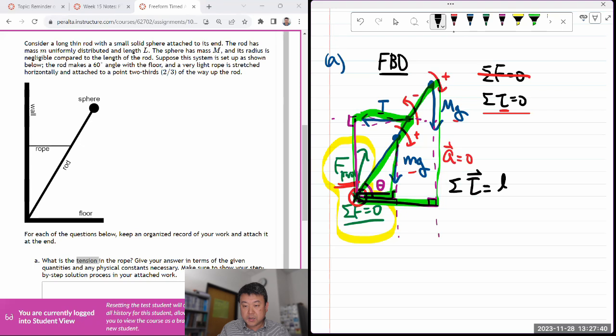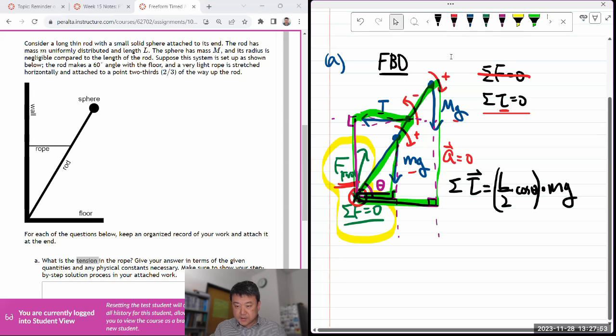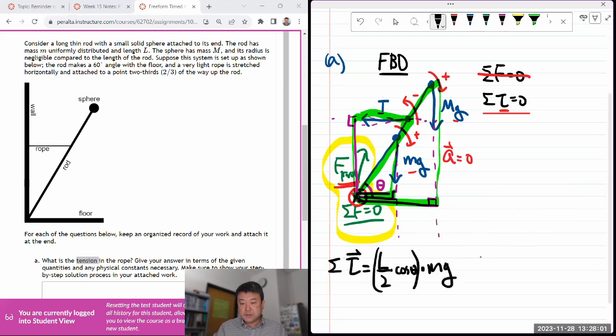So it'll be uppercase L over 2 times cosine theta, that's the lever arm, times mg. Okay, I can see that I'm going to run out of space, so let me move this over and have more space here. So that's one contribution to torque. I have a second contribution to torque from the other gravitational force.